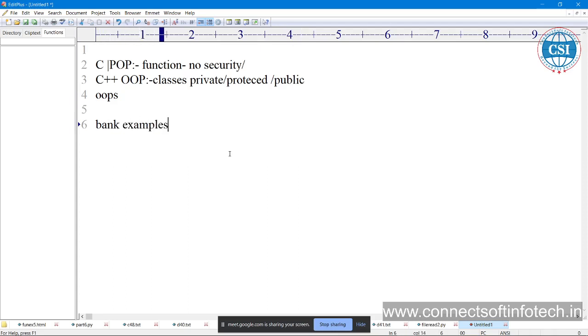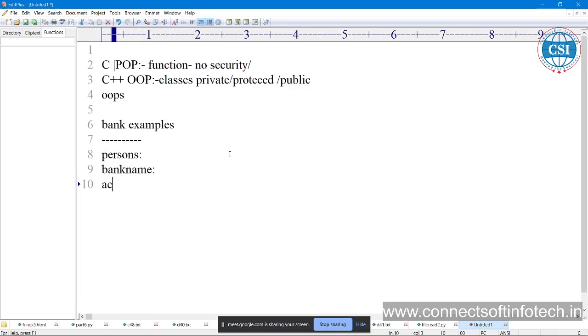The client or customer is a person who holds a bank account, and we have some fields there: bank name, then account name, then balance. So for every person we can write the bank name or person name. Person name we can say is public, anyone can view, no problem.